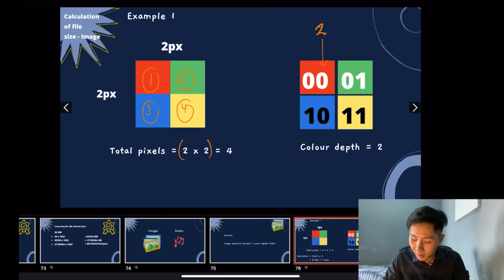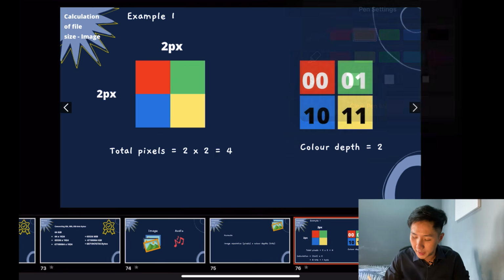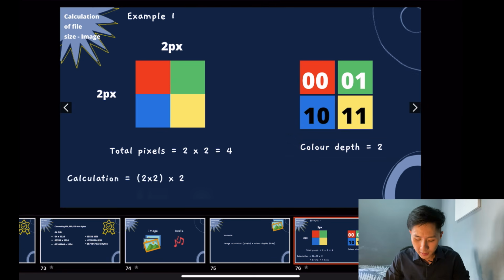We are basically calculating how many bits there are in this image. We can just use 4 multiplied by 2, and we'll get 8 bits. So this is the image resolution, and this is the color depth. The size of it would be 8 bits, which is 1 byte. So this image is 1 byte.